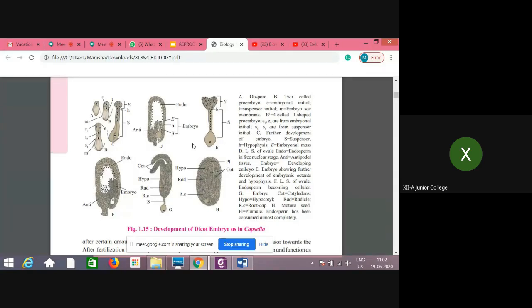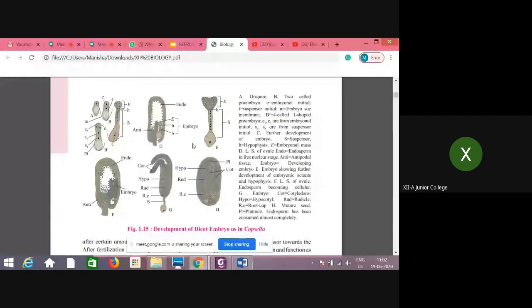And the second male gamete fuses with the secondary nucleus, the definitive nucleus, which results in the formation of TPEN, that means triploid primary endosperm nucleus. This is called second fertilization.